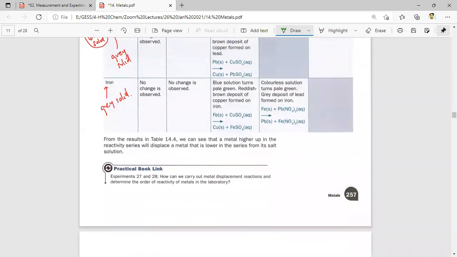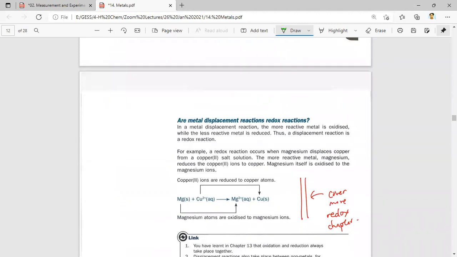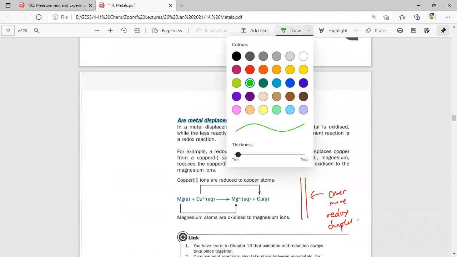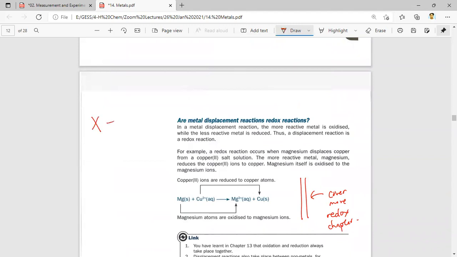How about if I have an unknown? Let's give another example where there's an unknown, metal X. I let metal X react with magnesium chloride. Then I say, what I got was XCl2 plus Mg.